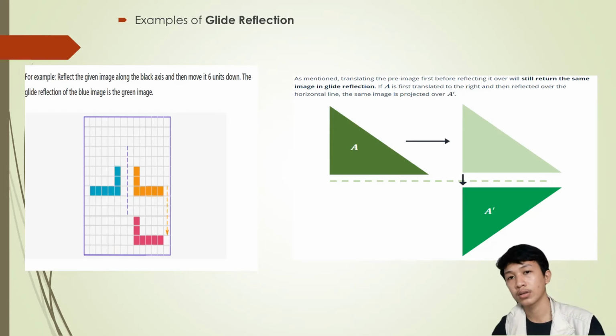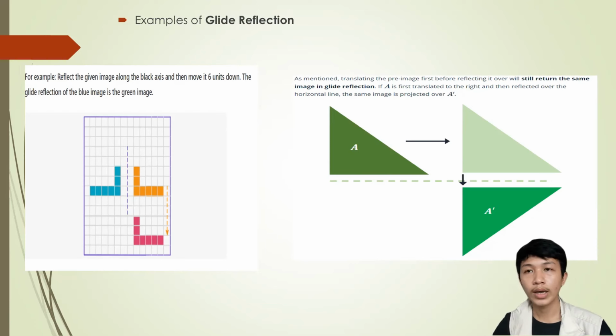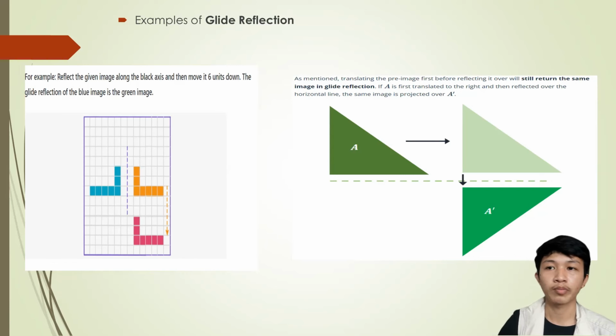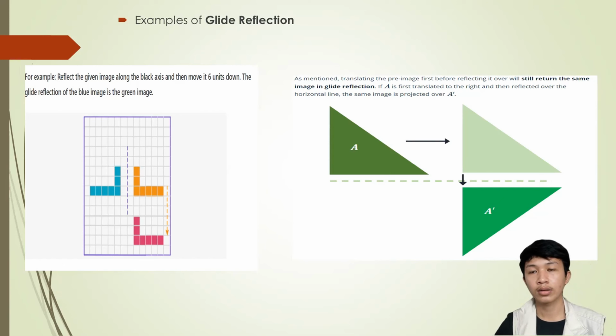This red object is the glide reflection. And the second example is this quadrilateral triangle. The triangle A reflects and glides downwards with the same angle, the same shape and distances.